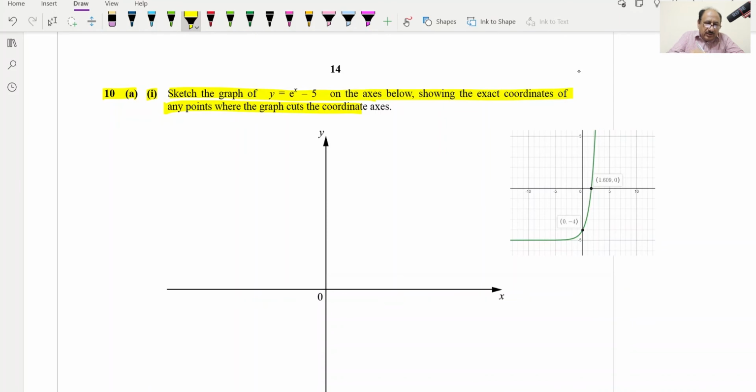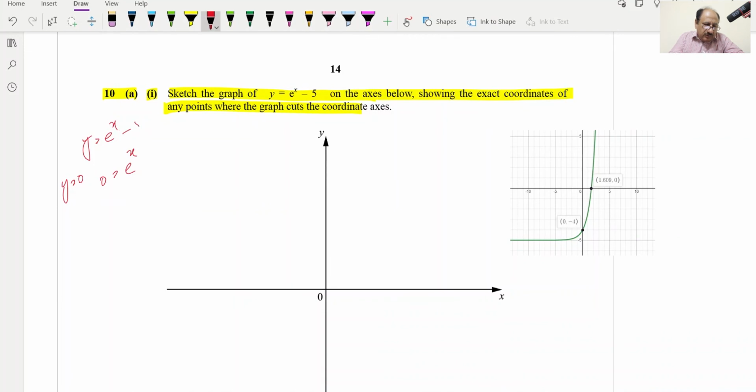So we can write down the equation. The given equation is y is equal to e raised to x minus 5, and we want to find the x-intercept. For the x-intercept, y will be 0, so we replace y with 0 and we get 0 is equal to e raised to x minus 5.